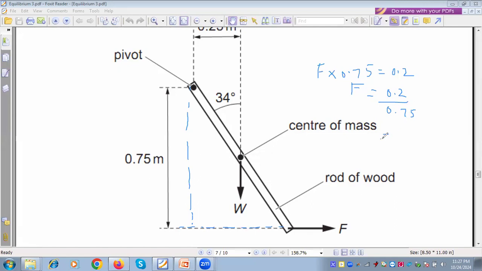That is 0.267 Newton. The answer will be slightly different if we take 0.196 as the moment.